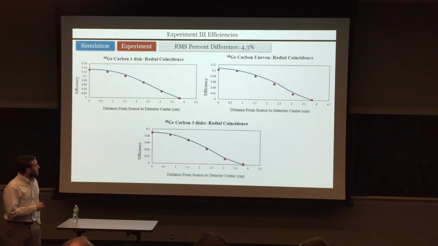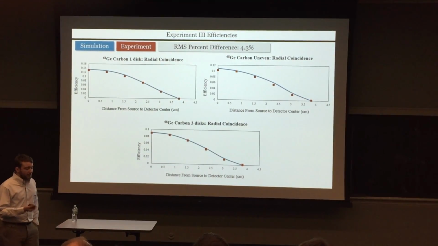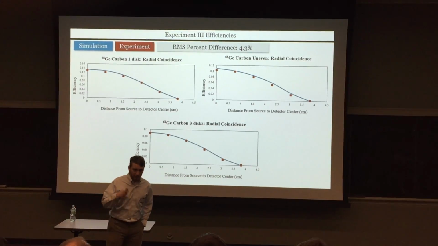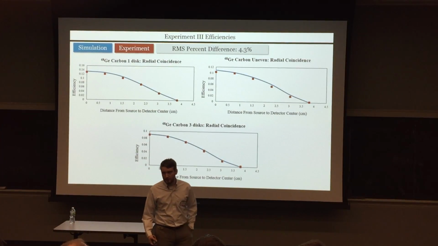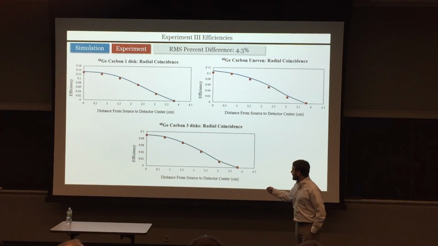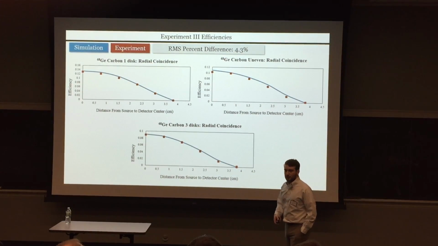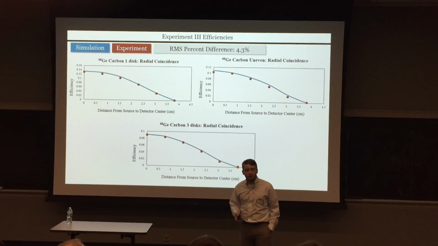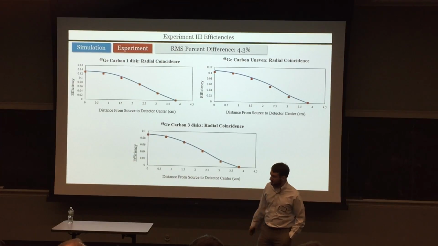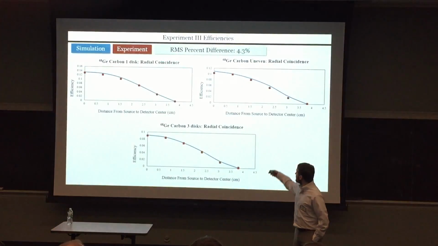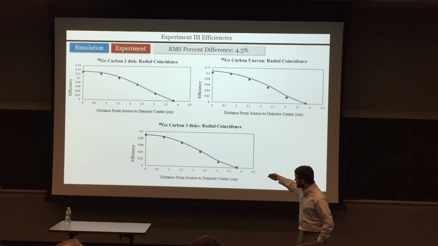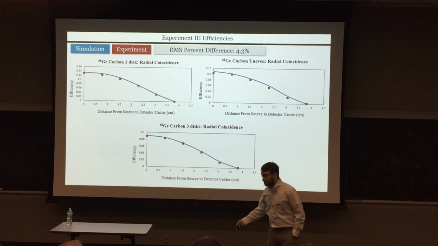In this second experiment, there was one disk on one side of the source and 3 disks on the other side. We wanted to see if we could include asymmetries in our simulation. At the bottom, we had 3 carbon disks on either side of the source. This was pretty much equivalent to the carbon disk thickness in our Ohio University experiment. The RMS percent difference was 4.3%, which we determined to be adequate.